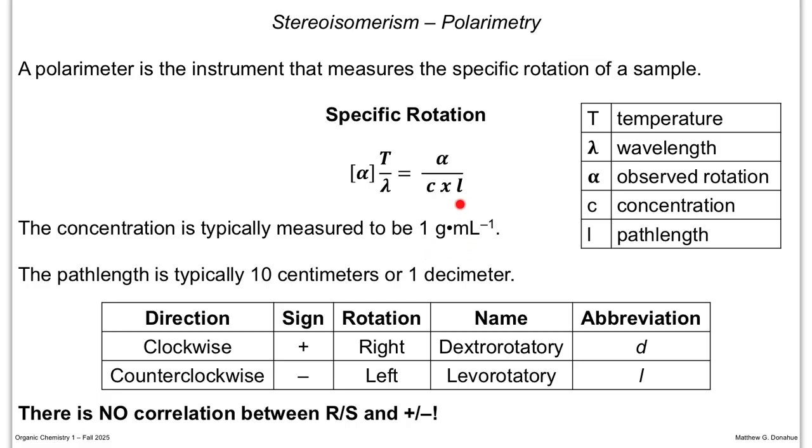The path length is usually 1 decimeter or 10 centimeters. So that makes the denominator here pretty straightforward. And then what falls out of that, as it's calibrated to whatever the temperature is and the wavelength is, is the specific rotation of the sample.